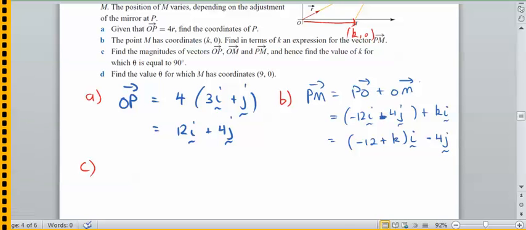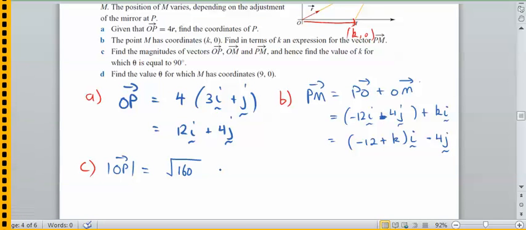So we need to find the magnitudes of OP. OP is equal to what? 12 squared plus 4 squared, 144 plus 16 is 160. Square root of 160, I hope. The magnitude of OM is actually just k.